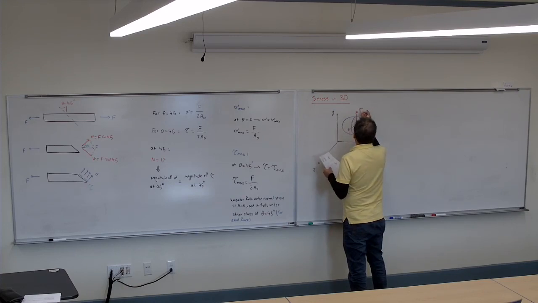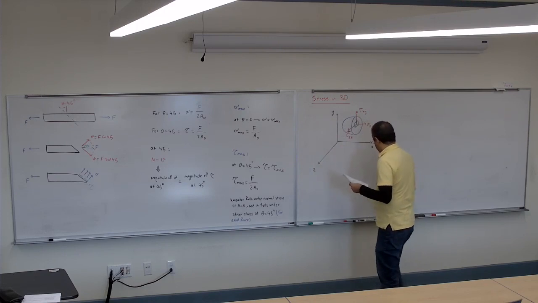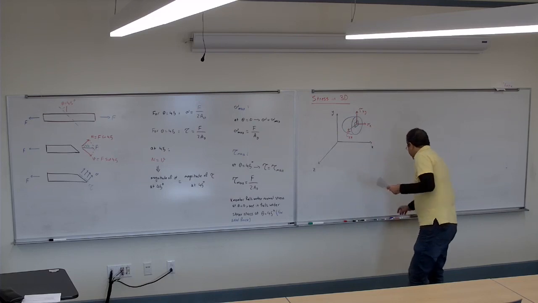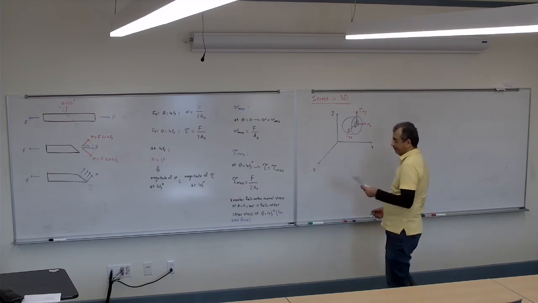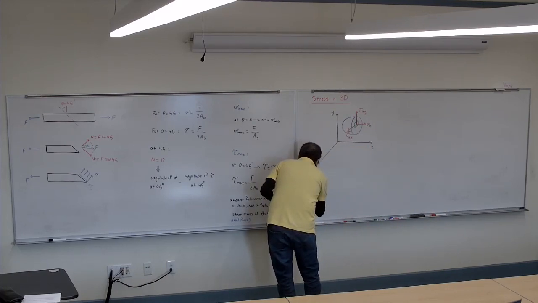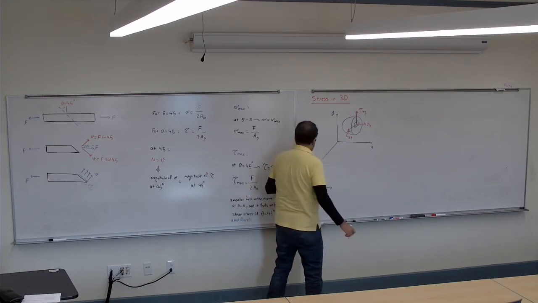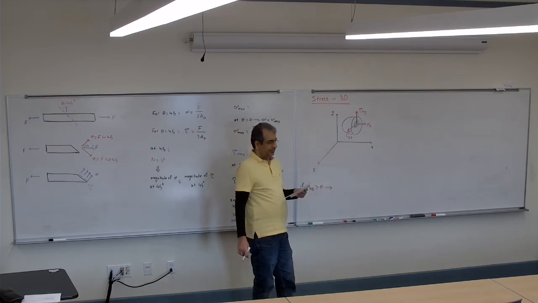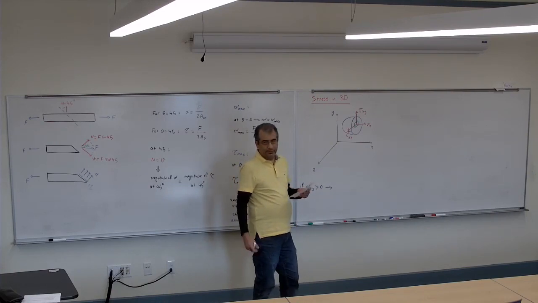And this is called tau XY. This one is called tau XZ. If the sigma in 3D is positive, what does it mean?